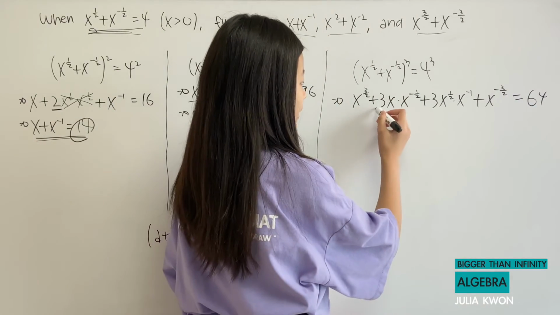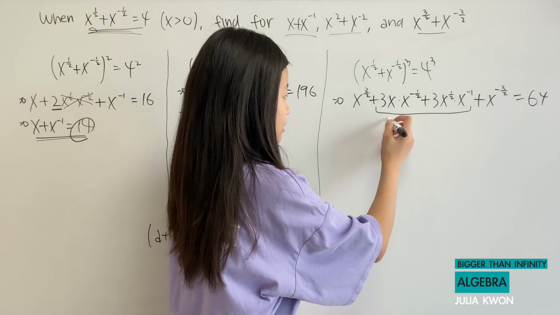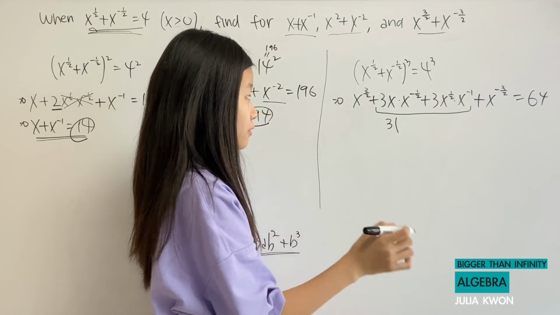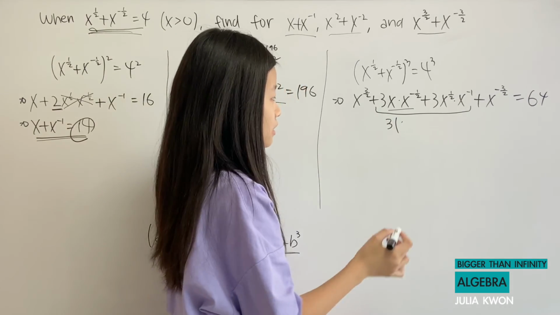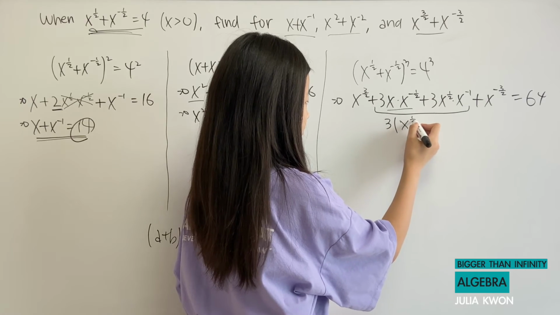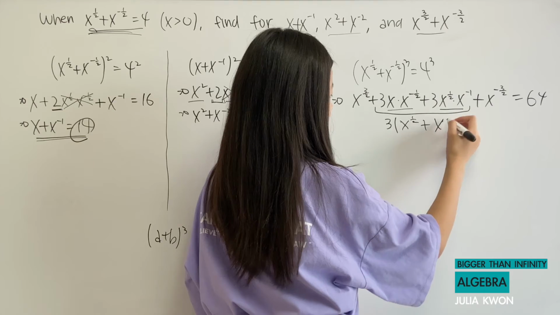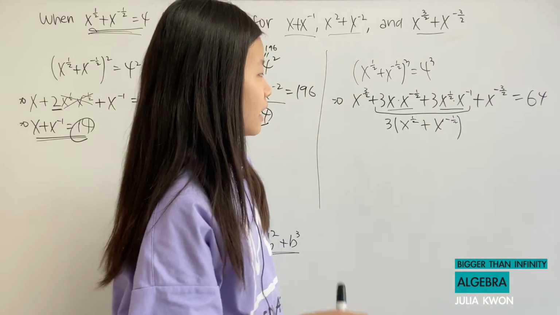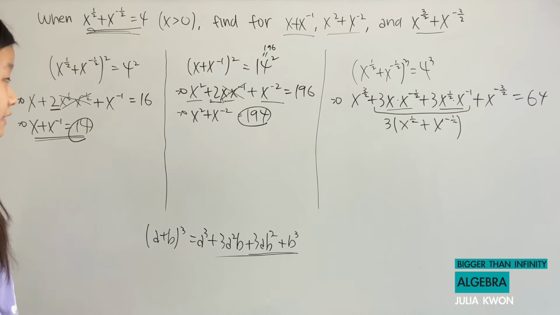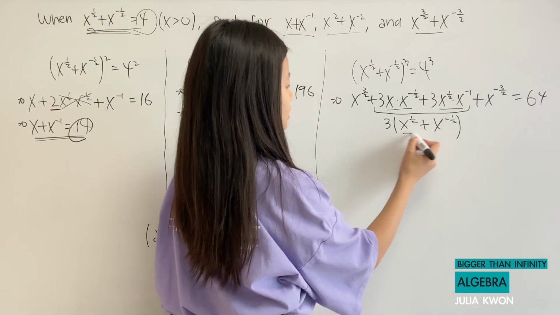We can factor the middle part of this equation with 3. If we factor it by 3, and multiply these two together, then we get x to the power of 1/2, plus if we multiply these two together, then we get x to the power of negative 1/2. And x to the power of 1/2 plus x to the power of negative 1/2 is something that we already have, 4. So this is equal to 4.